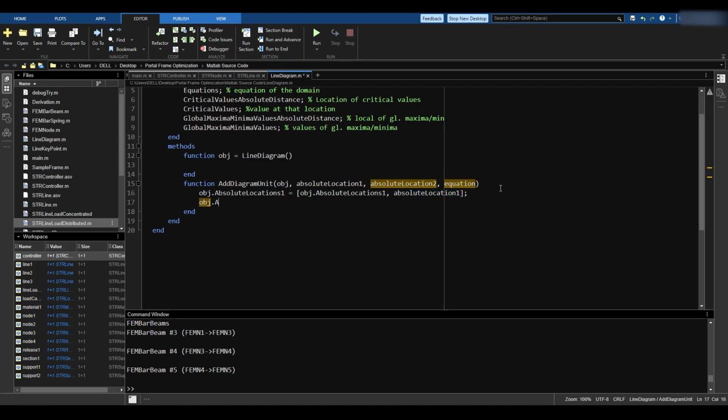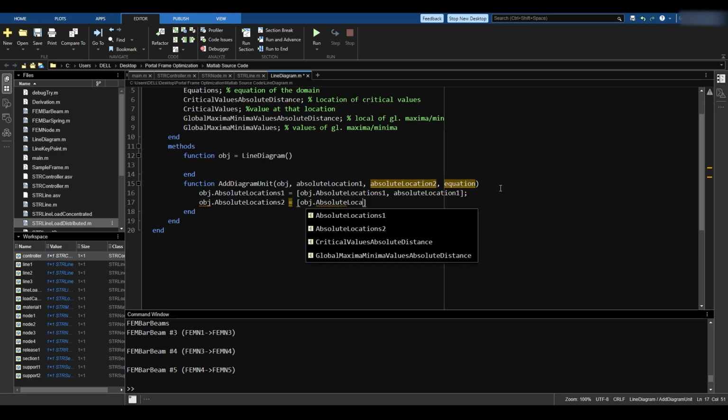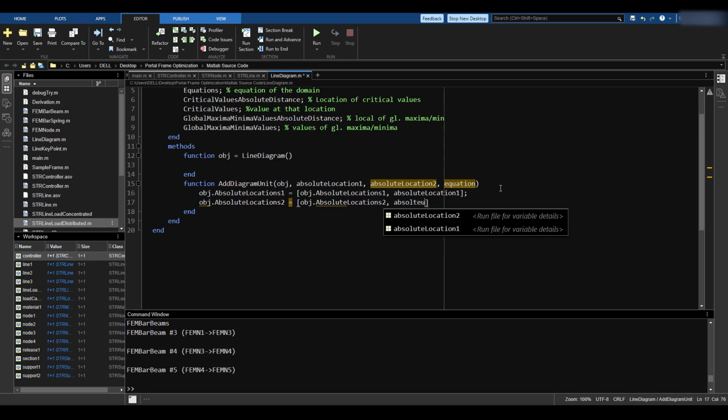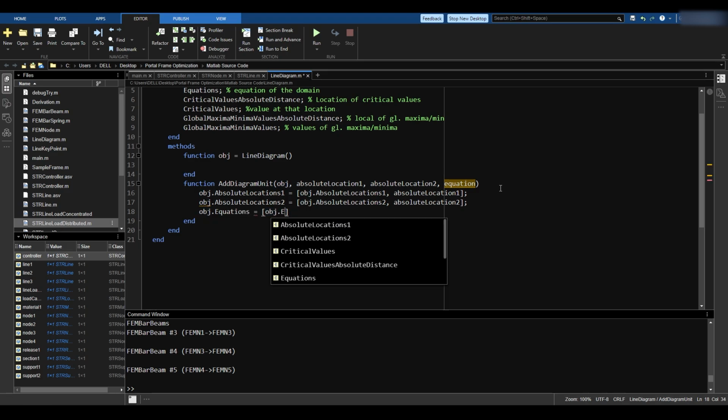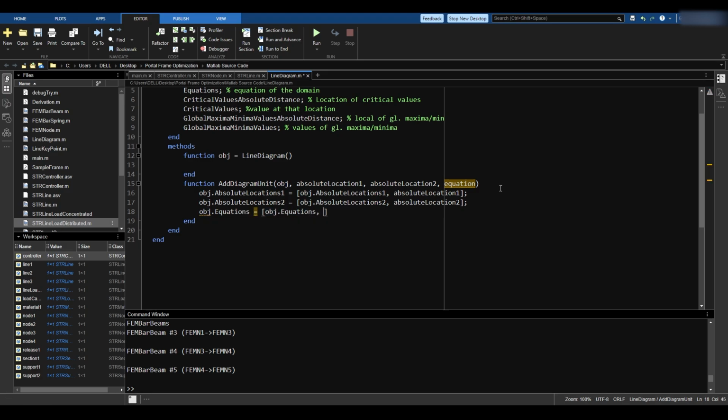Similarly, object.absolute locations 2 is gonna equal the old object.absolute locations 2 and the new absolute location 2. Finally, object.equations is gonna equal the old object.equations, and we're gonna add to it the new equation. So this is how we add a diagram unit.